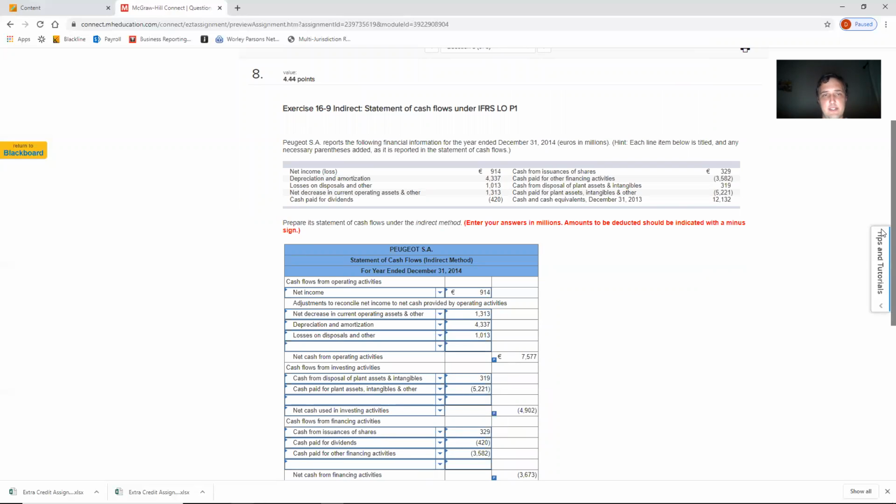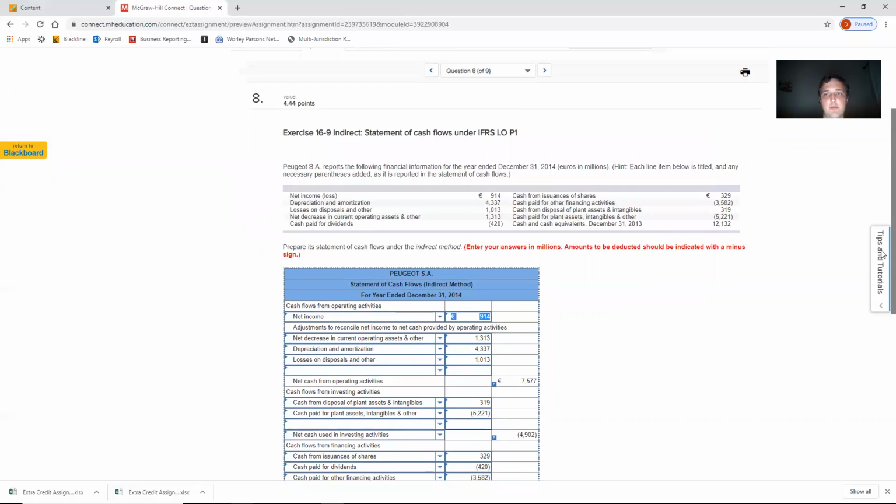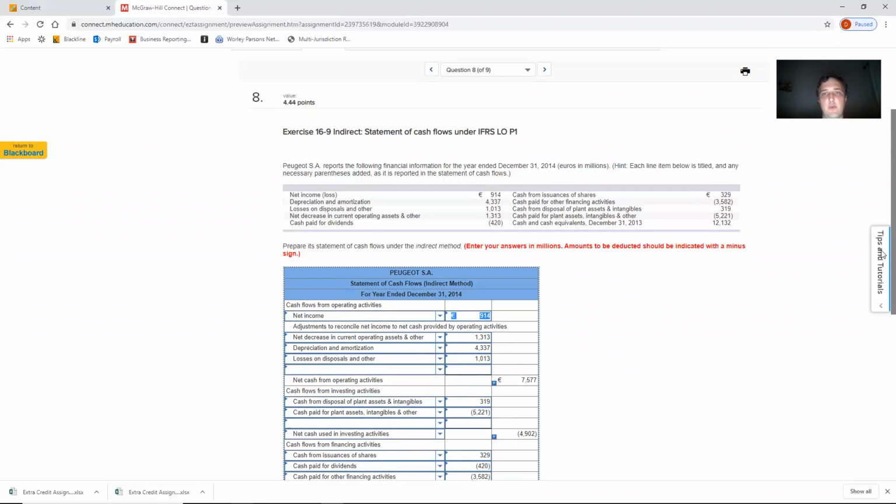The difference is on the indirect method, we start out with net income. And because we start out with net income, if you go back to the other one, we've already in net income, we include sales, but we don't take into account the change in AR. So we're going to put that there.